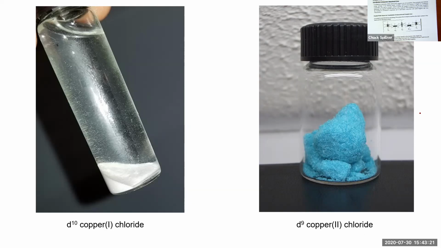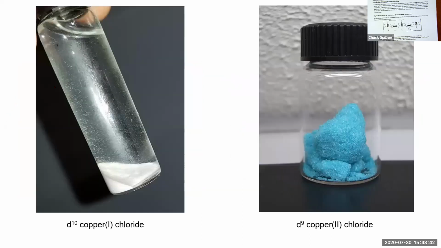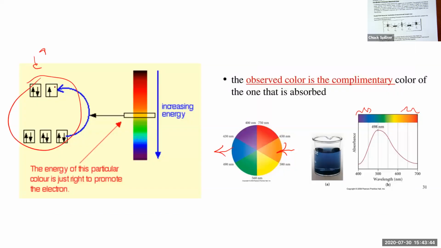Scandium 3 plus would also be colorless. On the right side, you have d9 copper chloride. That has 9, so there's one space, and you can promote an electron. And that's blue. In fact, maybe that's what this schematic represents, copper chloride in that solution.